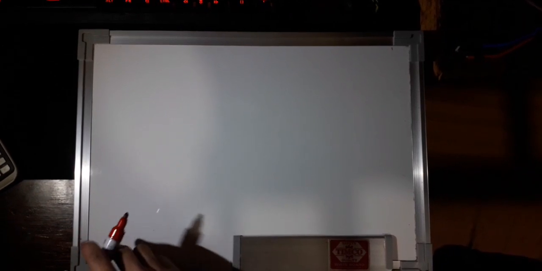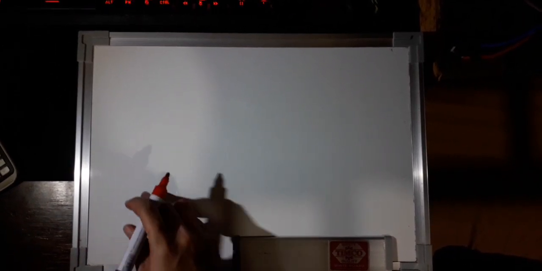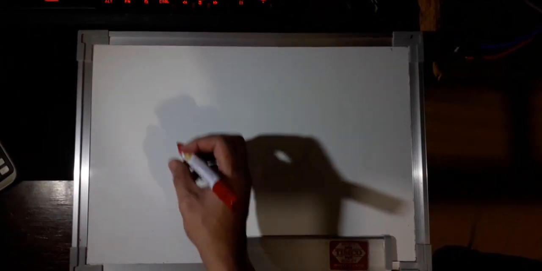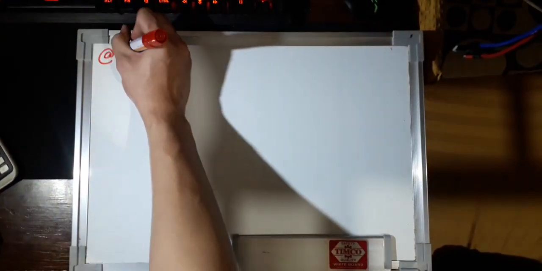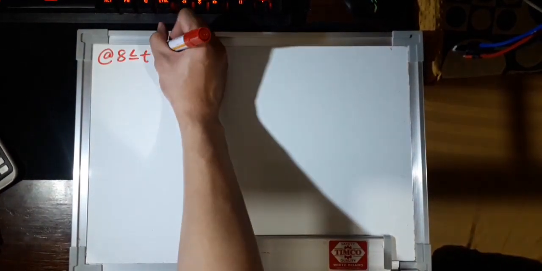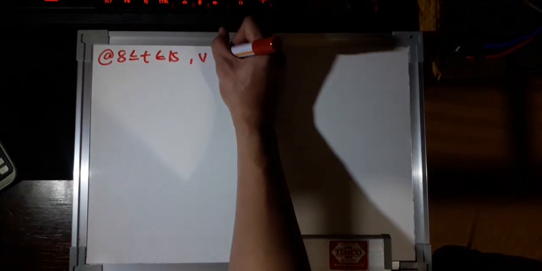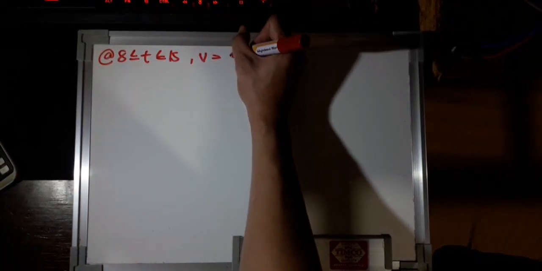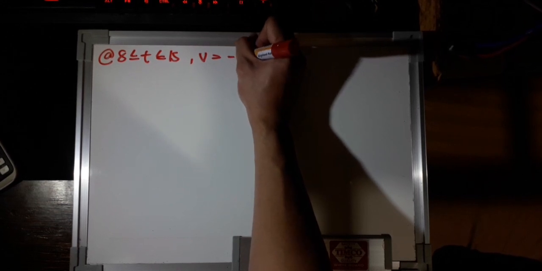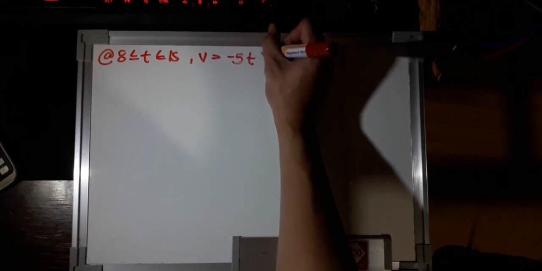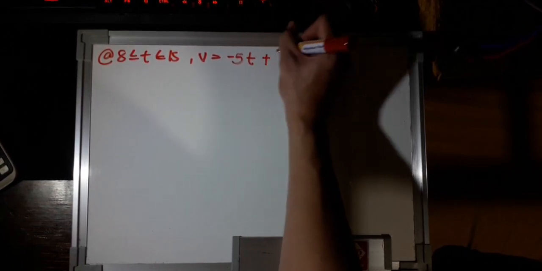So kanina na-solve na natin yung velocity. So now ang isa-solve naman natin is position. So again, sa time na 8 less than or equal 15 seconds, the velocity naman that is given here is negative 5t plus 65.